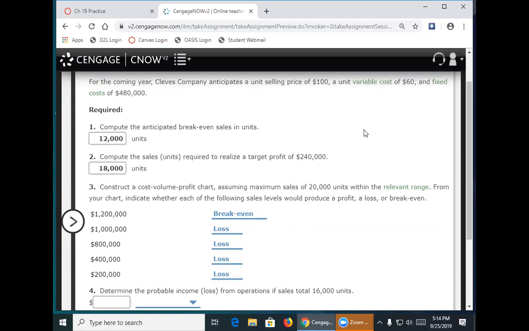I know my variable costs are 16,000 units times $60. So variable is 960,000.